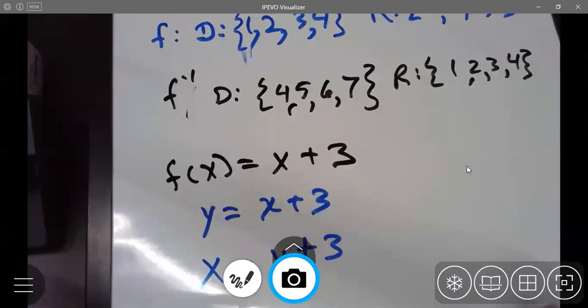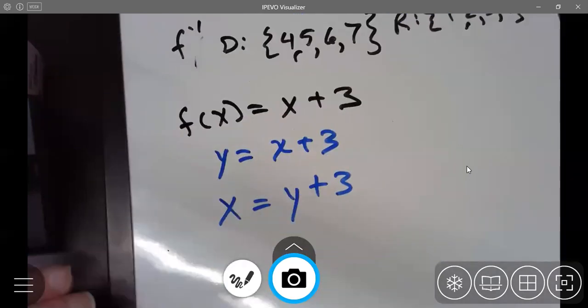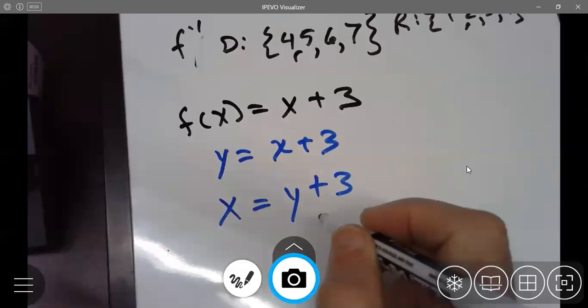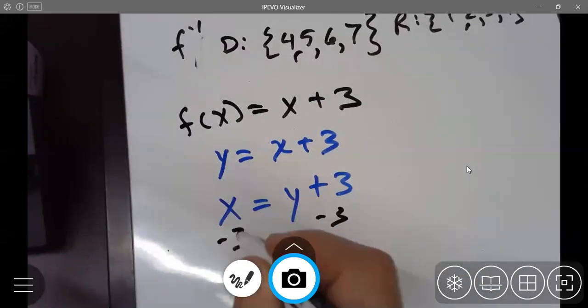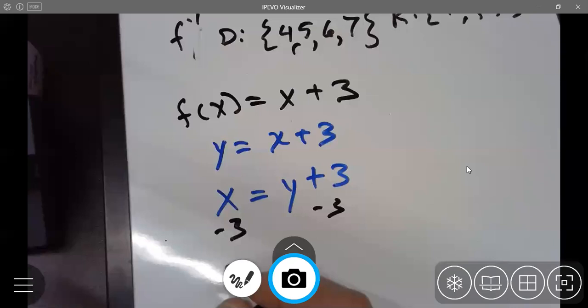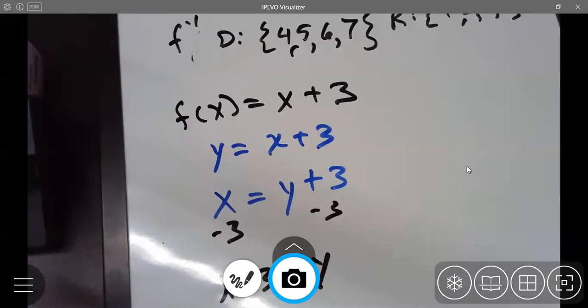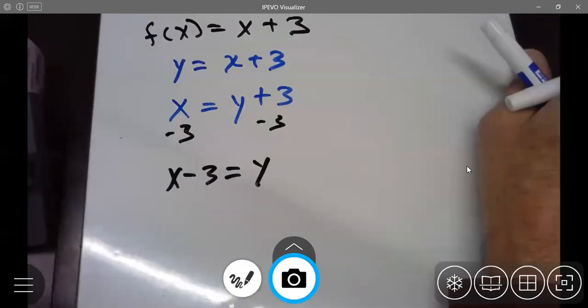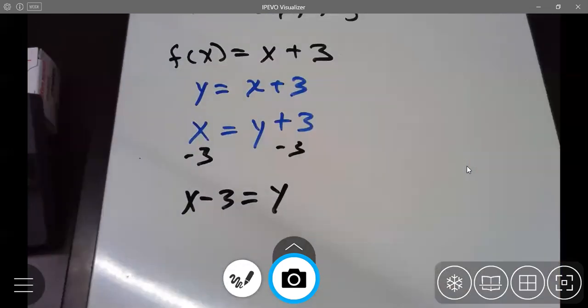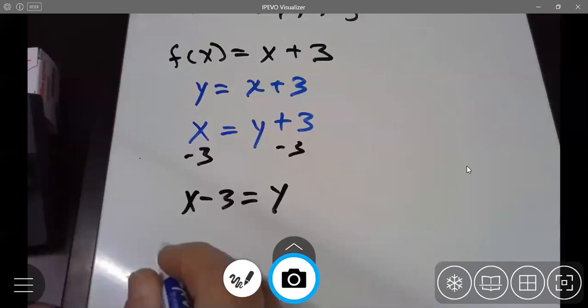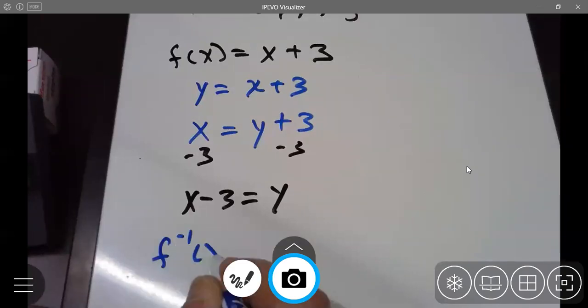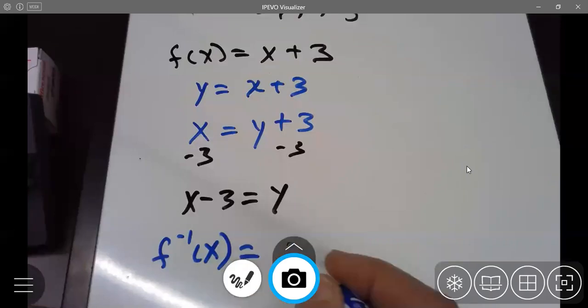And then we go ahead and solve for y. So we apply -3 to both sides, and we get x minus 3 equals y. Okay, and then from there, we can apply the inverse function in for y. So that's x minus 3.